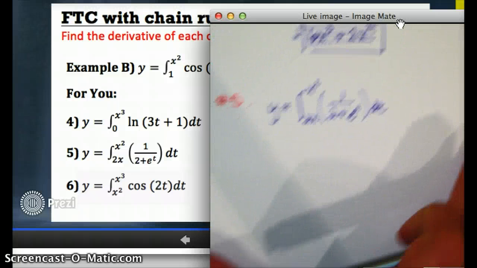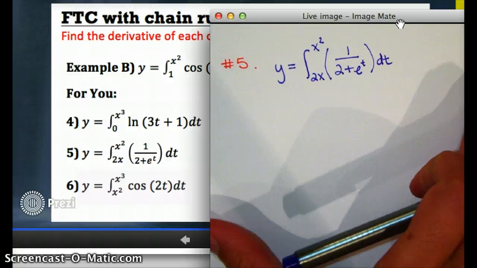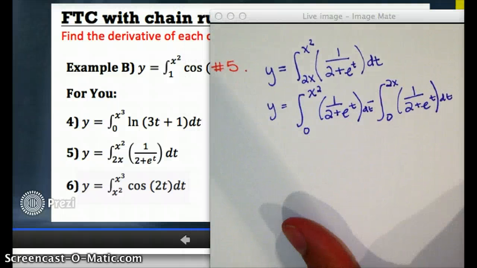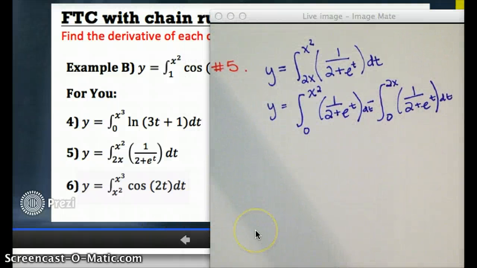So, what can we do? Well, the one thing we do know how to do is we know how to split up integrals. So, I want to take the derivative of this integral, but before I take the derivative, what if I reimagine this integral as 2 integrals, each starting at some common number? For example, 0. Using the same logic that we used back when we were doing definite integrals, the integral from 2x to x squared is the same thing as the integral from 0 to x squared minus the little bit from 0 to 2x.